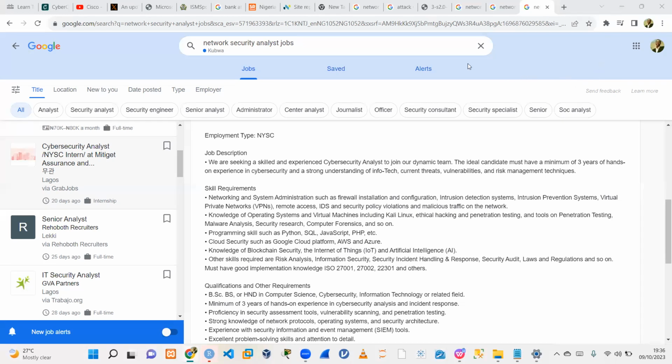Intrusion detection, we can use Splunk, which we normally use to capture some of the entries into our system. While the intrusion prevention system is like a firewall, which normally monitors the traffic, the inbound and outbound traffic.